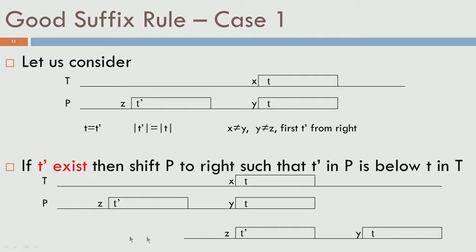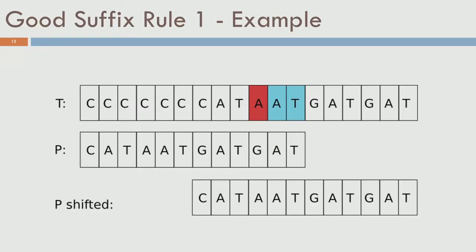This is a very intuitive thing to do, because if there is going to be a successful match that involves this t, then such a successful match could only involve t prime and no other substring to the right of t prime, because it is the first occurrence of t. So, therefore, this is the natural shift to perform. We will formalize this shortly, but before that let us take a look at an example.